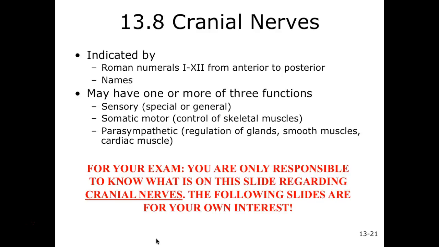All right, so cranial nerves. Like I said, I'm not going to test you heavily on this. I want you to know that cranial nerves are always referred to using Roman numerals, and these were named based on location from anterior to posterior. So just to review Roman numerals, I means 1, X means 10, and V means 5.